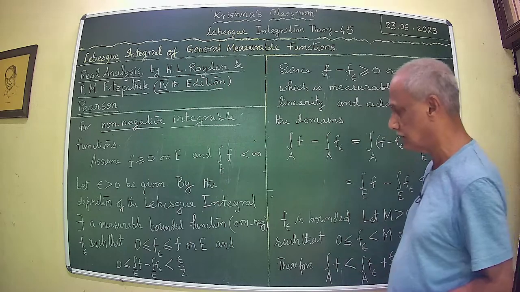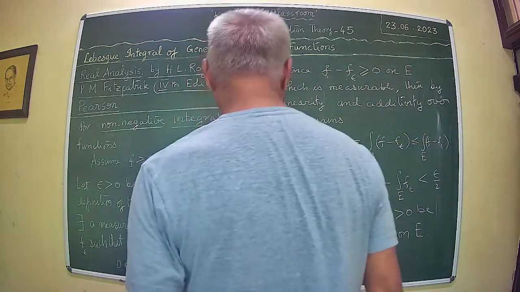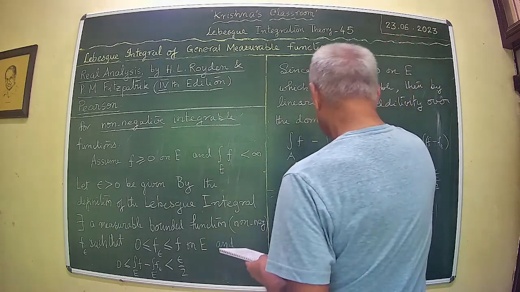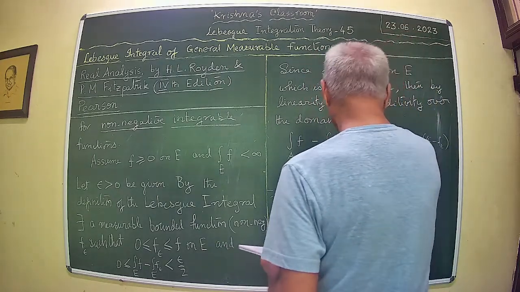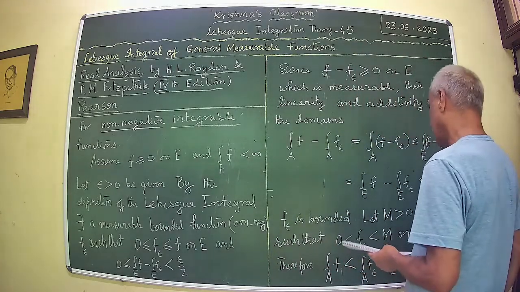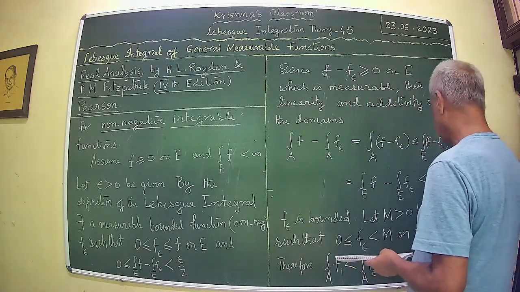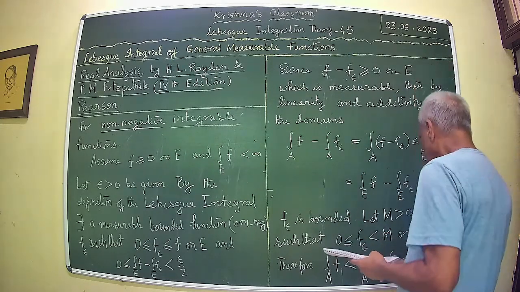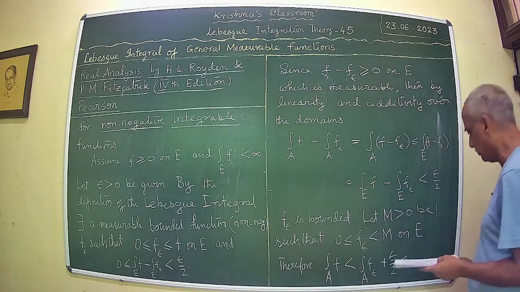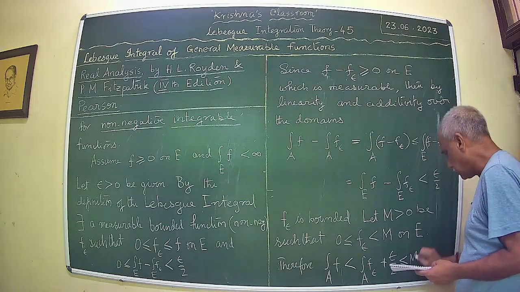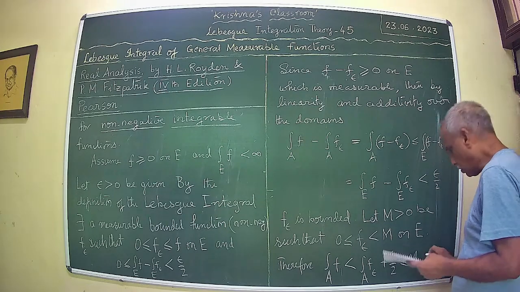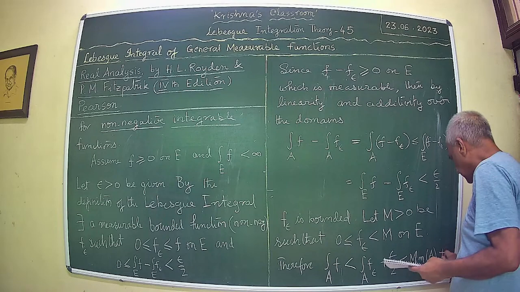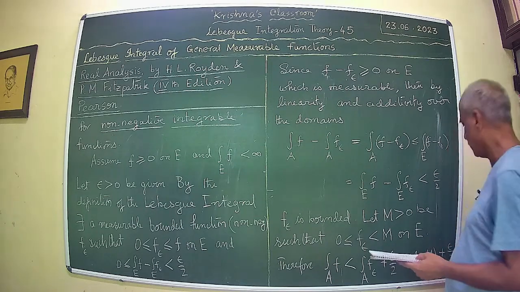That's clear. That is coming from here. Okay. Integral over A f is less than integral over A f epsilon plus epsilon. And this is less than or equal to, now you see that f epsilon is bounded by m, therefore m into measure of A plus epsilon.